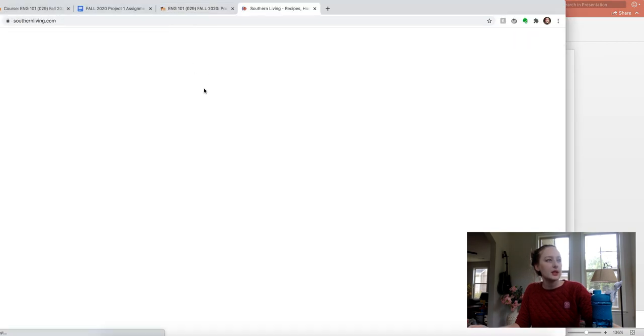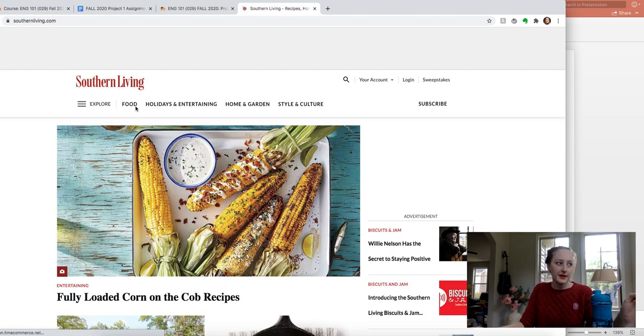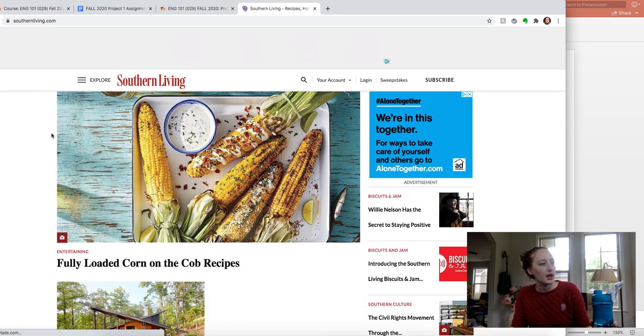Another option is Southern Living. So the article about GMOs, you might want to put that here. Southern Living has a very specific audience, which is typically women in the South. It's more domestic, focused towards women and people running their homes.